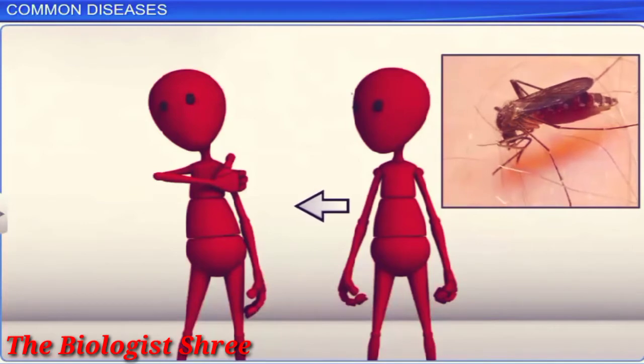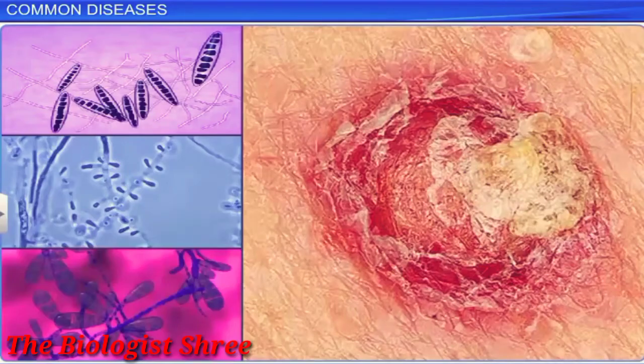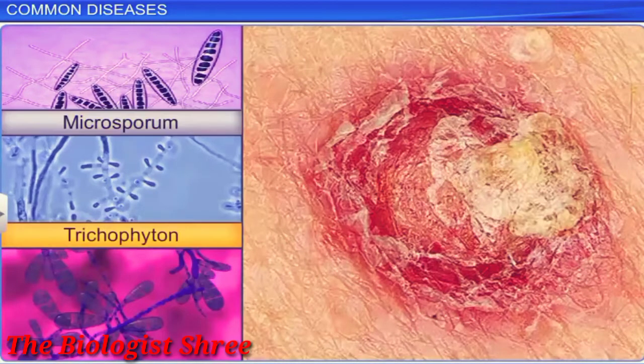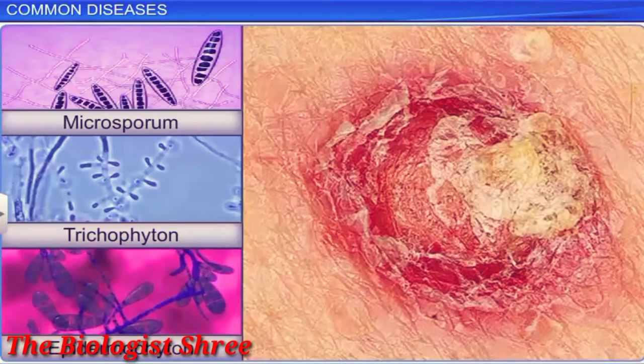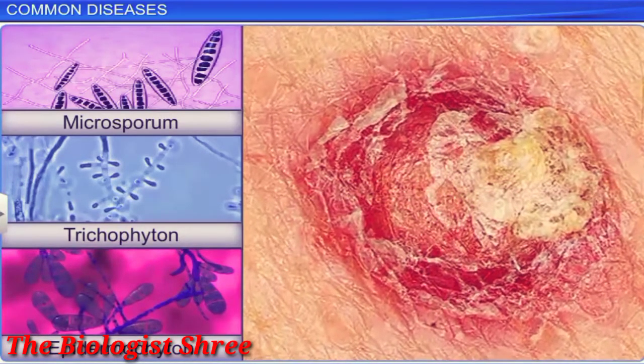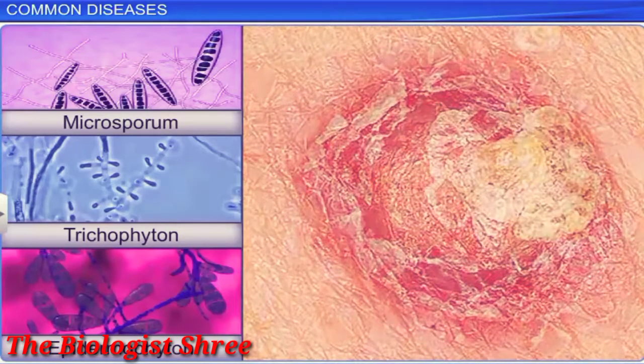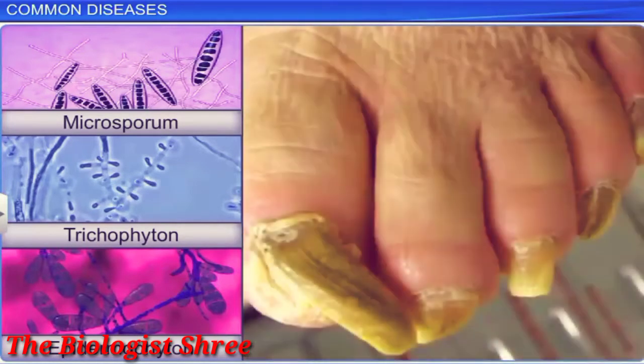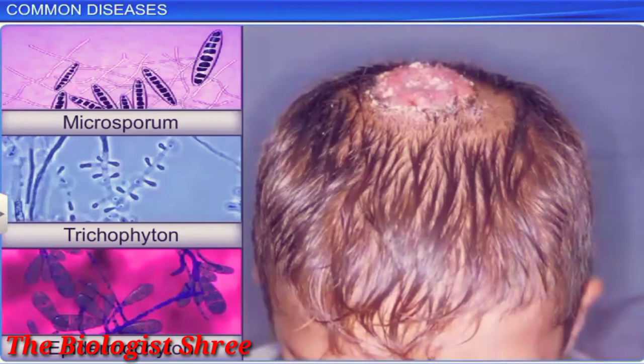Other pathogens such as fungi like Microsporum, Trichophyton, and Epidermophyton cause ringworm that appears as dry, scaly lesions on various parts of the body, such as the skin, nails, and scalp.